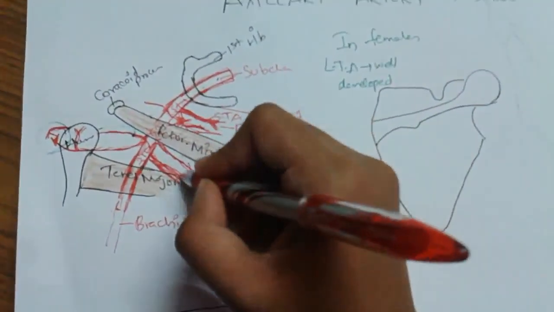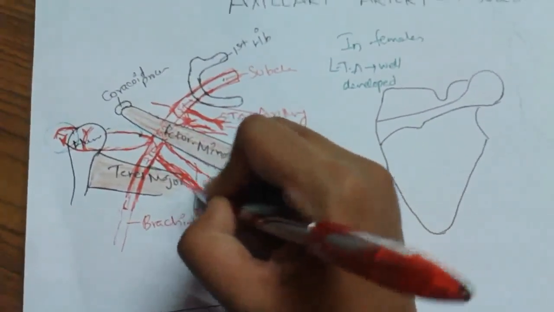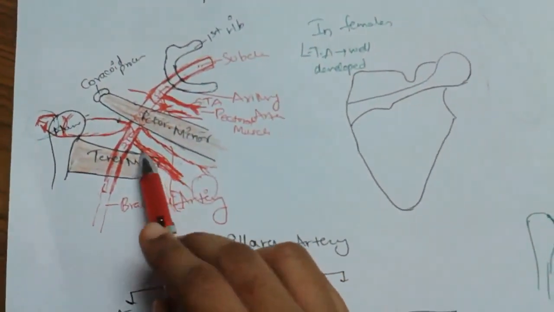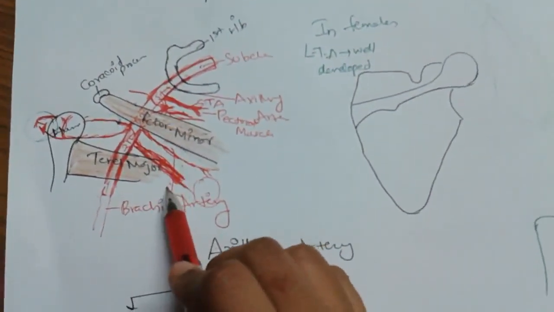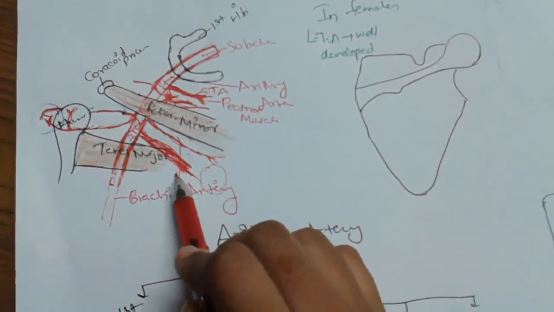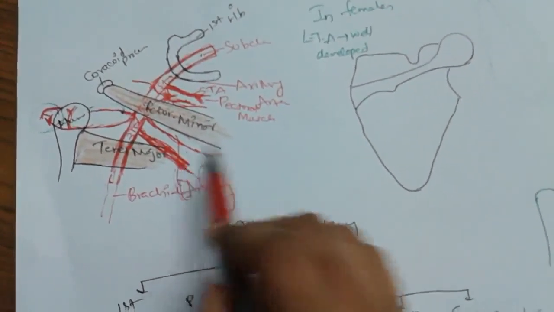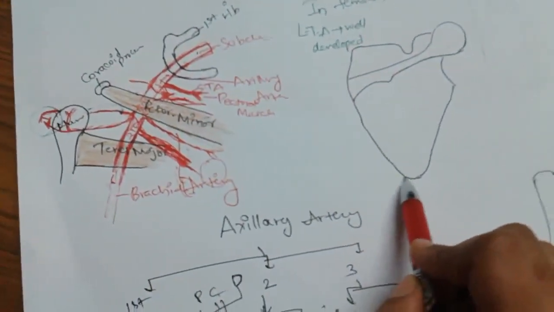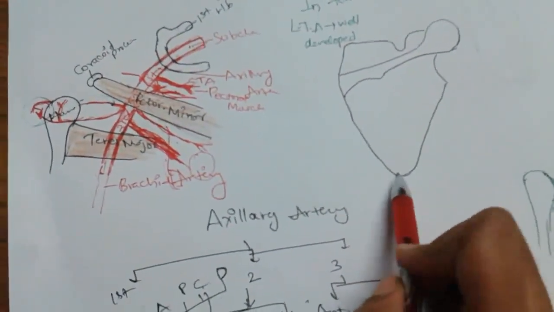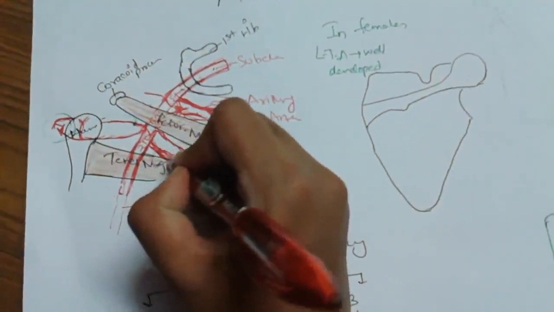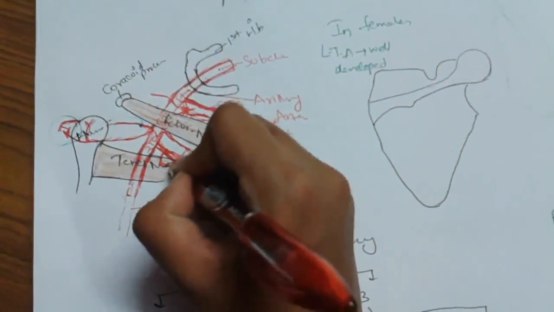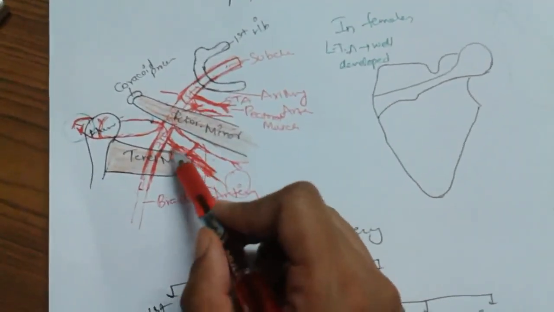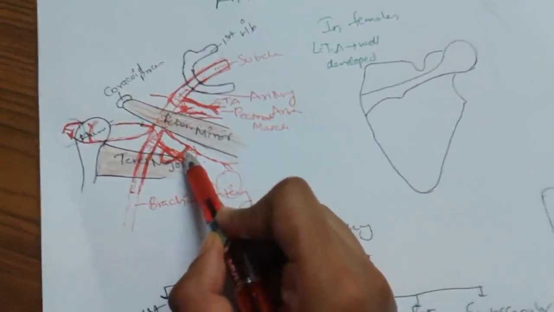So you can see this is the subscapular artery, and it runs around the lower border of subscapularis muscle, and then it ends near the inferior angle of scapula. So it runs like this, and it ends at the inferior angle of scapula. But the main thing is it gives a branch, the circumflex scapular artery. So this is the subscapular artery, and this is the circumflex scapular artery.